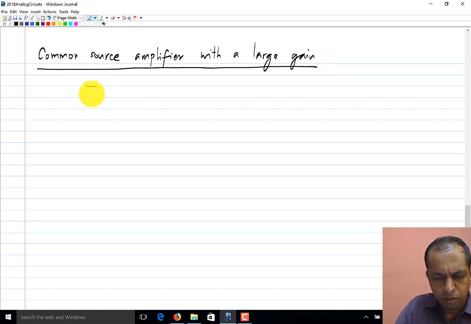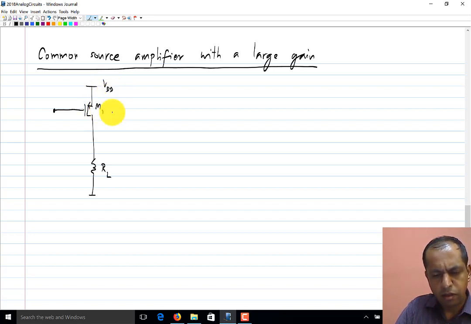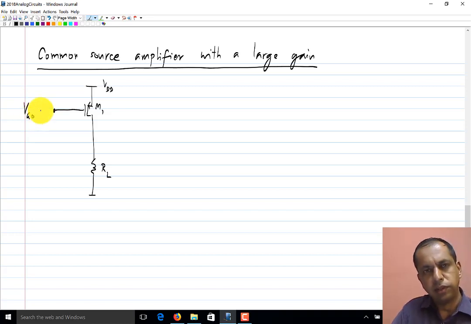Now again, I won't show all the details of the bias. I'll show only the transistor and the resistor. I'll assume that the gate is biased at a voltage VG0.